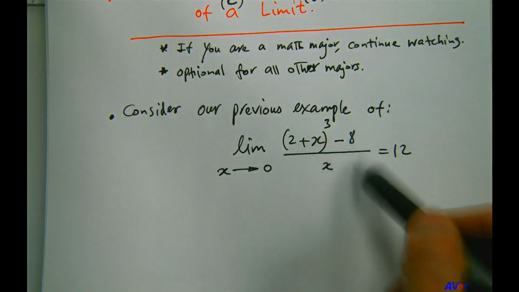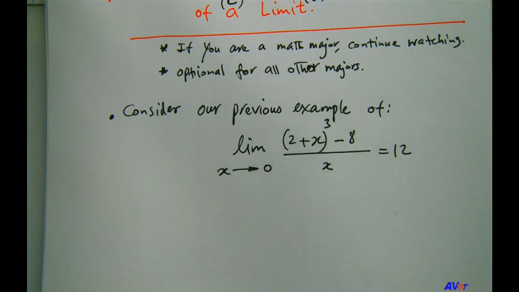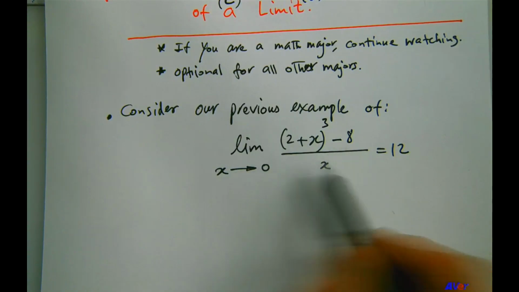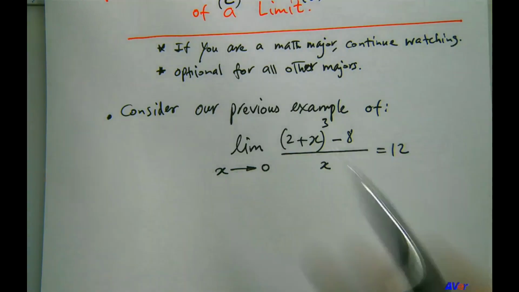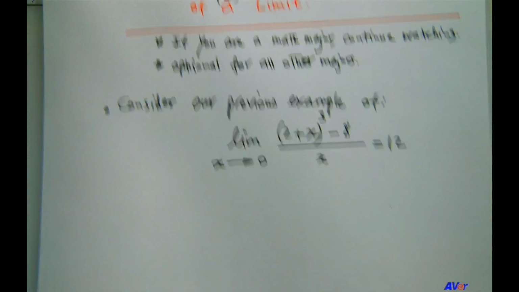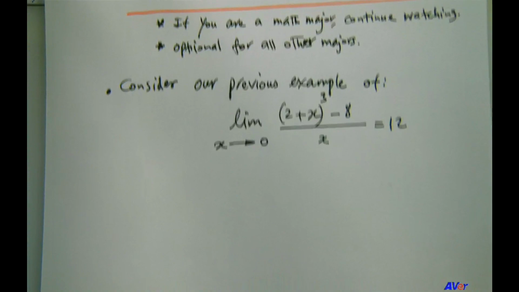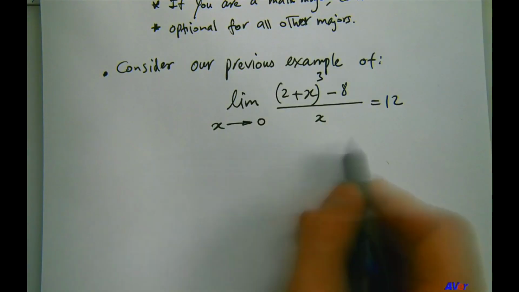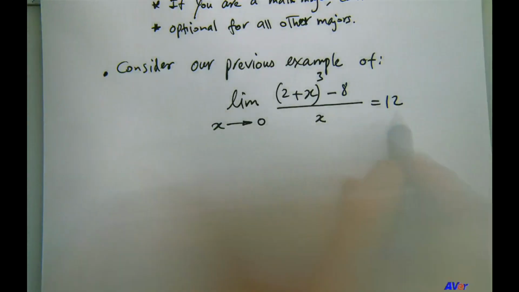Now this result, as you saw from the graph that we just did, has a geometrical interpretation. If you have a function that has a limit at some value, that has a geometric interpretation. Let's draw that graph. So this is the result that we had.